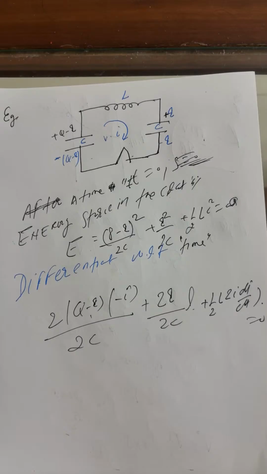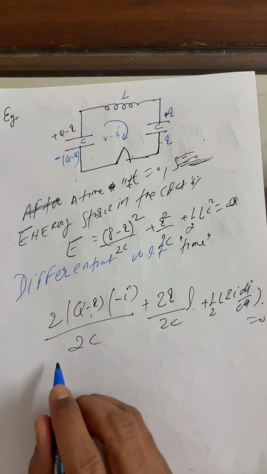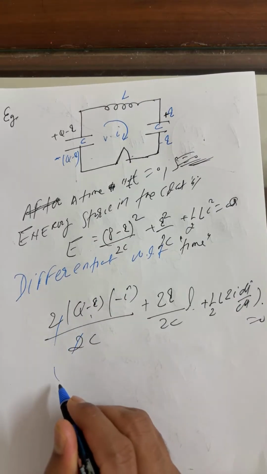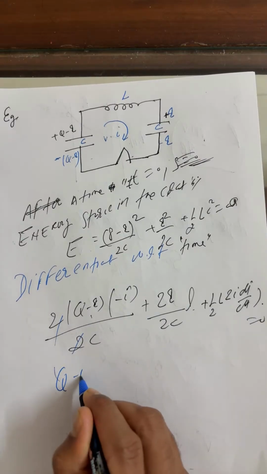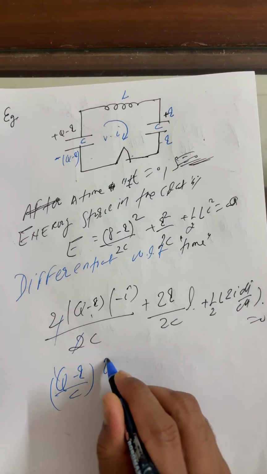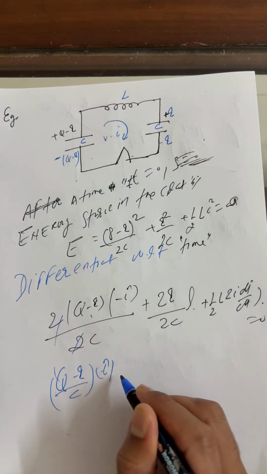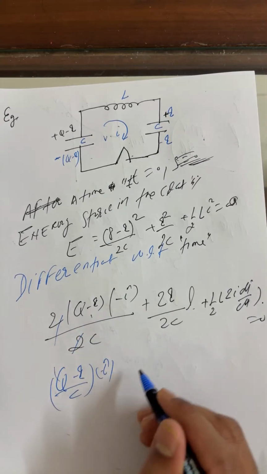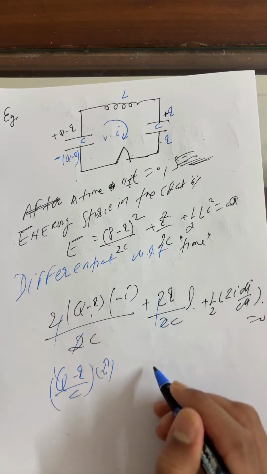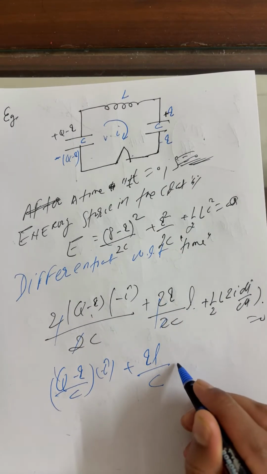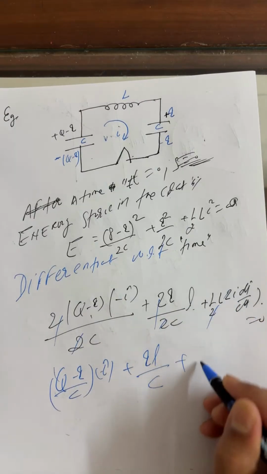Further students, I can solve here, no need to worry. So as a result, we finish with Q minus Q upon C. Yes beta, this is very simple. The 2 beta again cancels here, so plus Q into L upon C, plus 2 again cancels here.